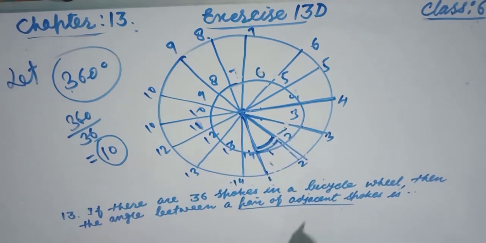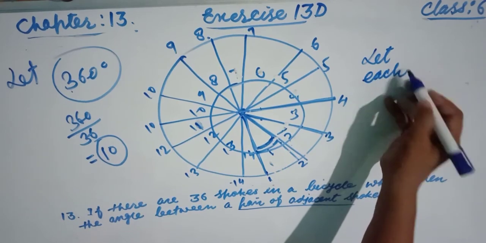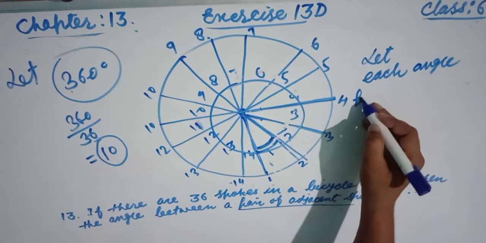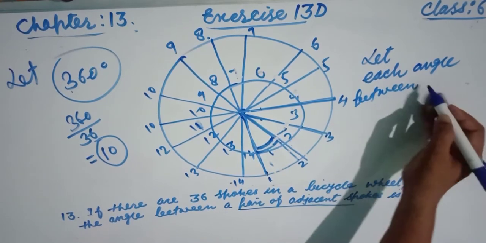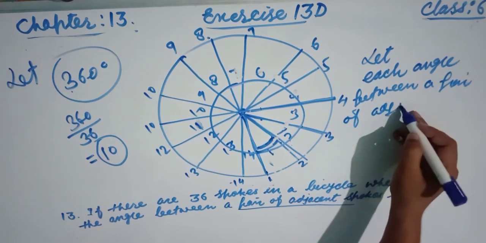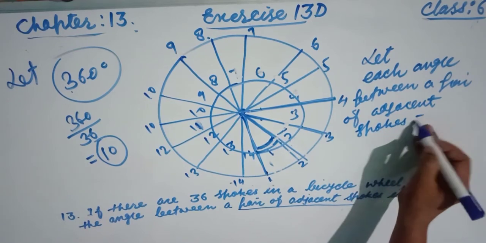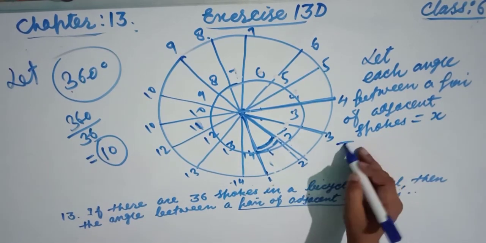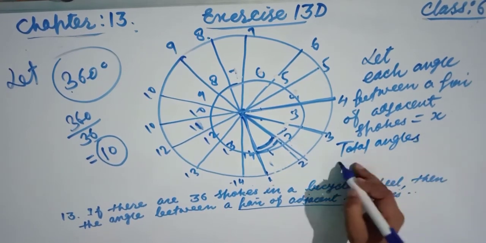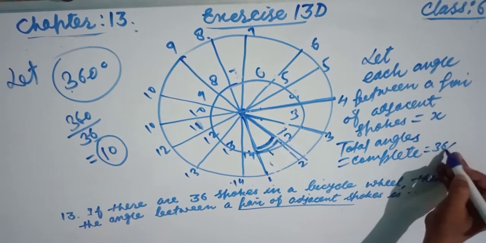Or alternatively, friends, let each angle between a pair of adjacent spokes be x. Then the total angle, the complete angle, is 36 multiplied by x.